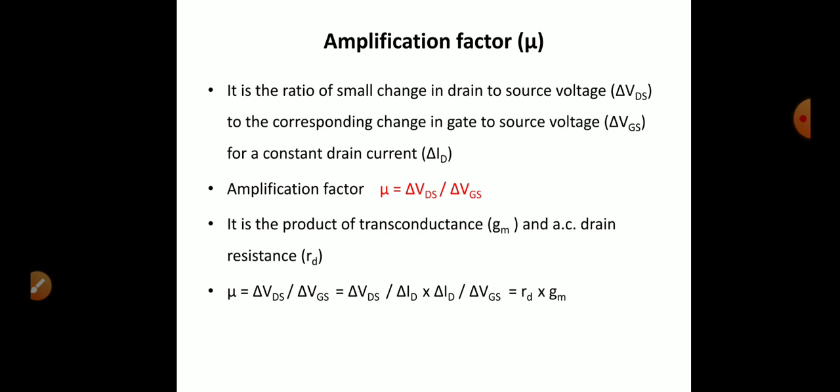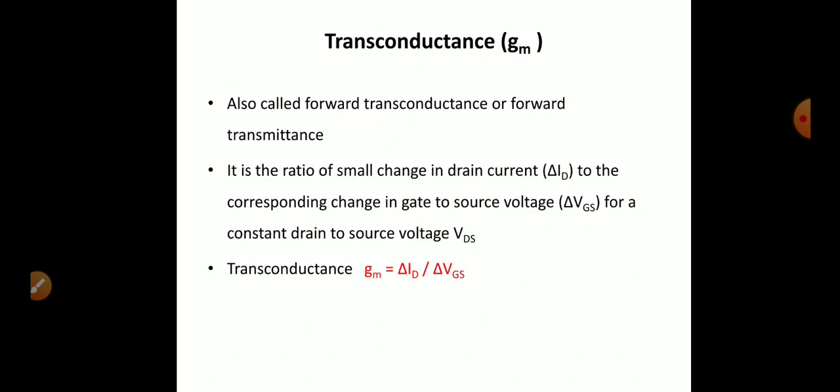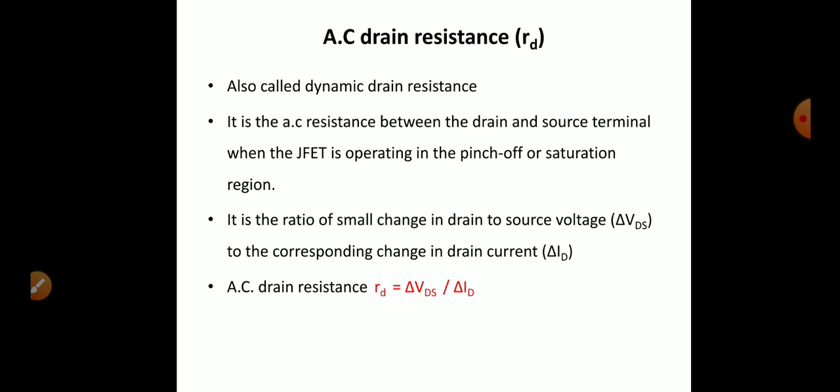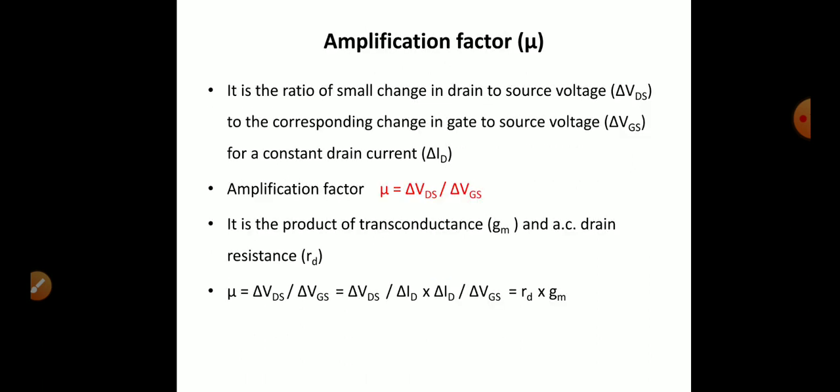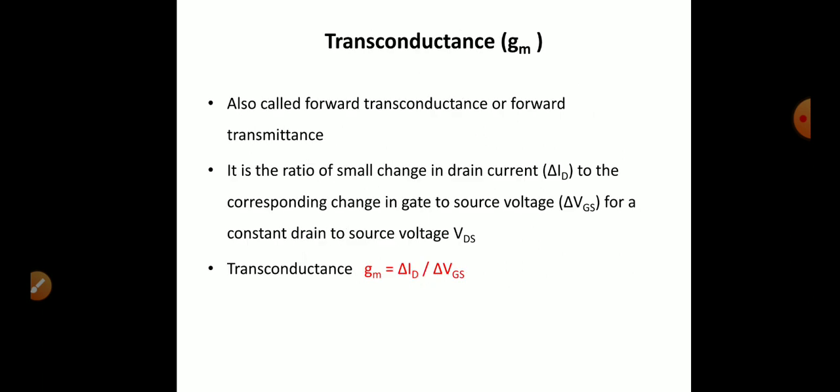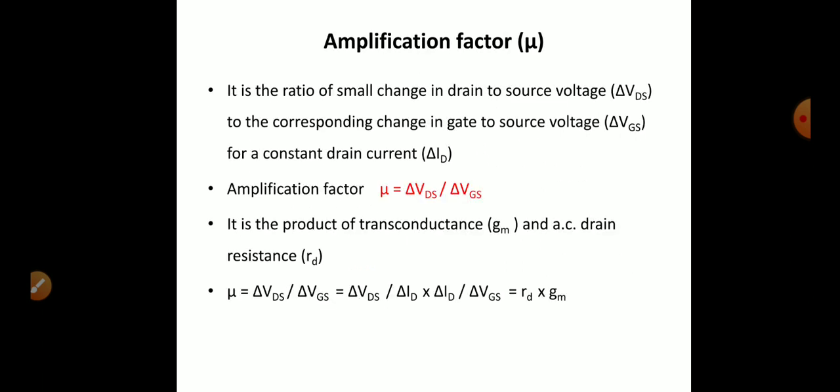Mu can be written as the product of transconductance and AC drain resistance. That means mu equal to rd into gm. We explained rd equal to delta VDS by delta ID, and gm equal to delta ID by delta VGS.